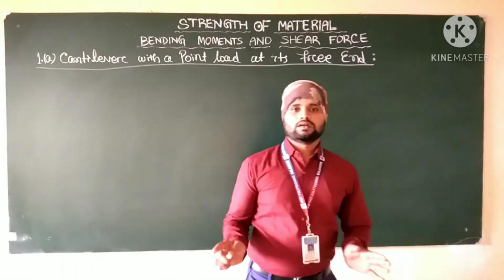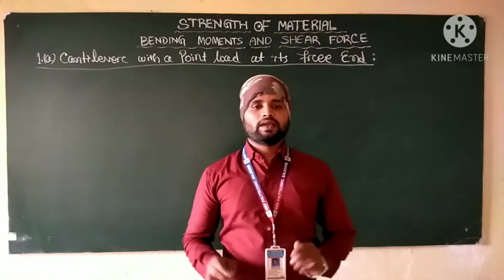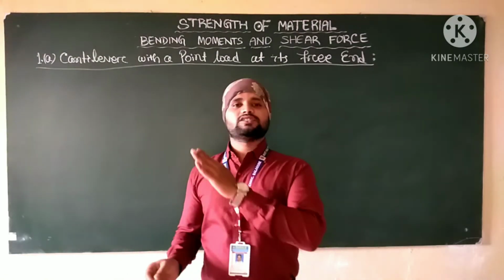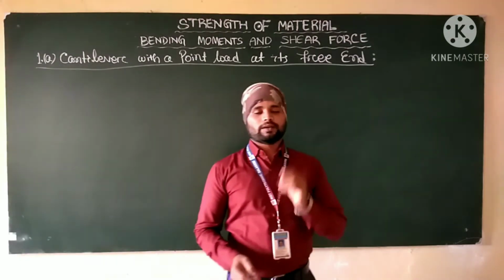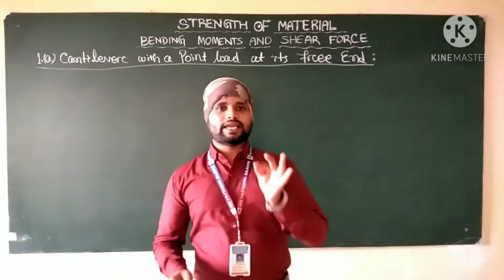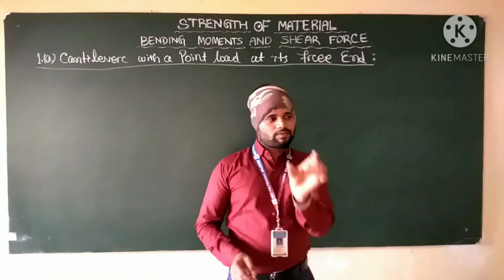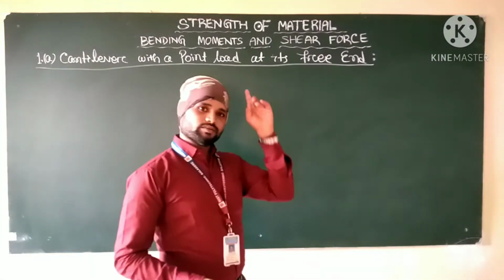So we know, what is a cantilever beam? A cantilever beam is one whose one end is fixed and the other end is free. And what is a point load? A point load is one which acts in a single point. So the combination of cantilever with a point load we have seen earlier.